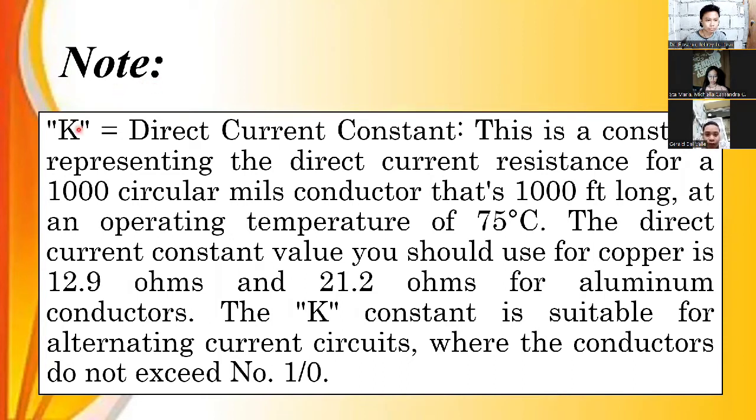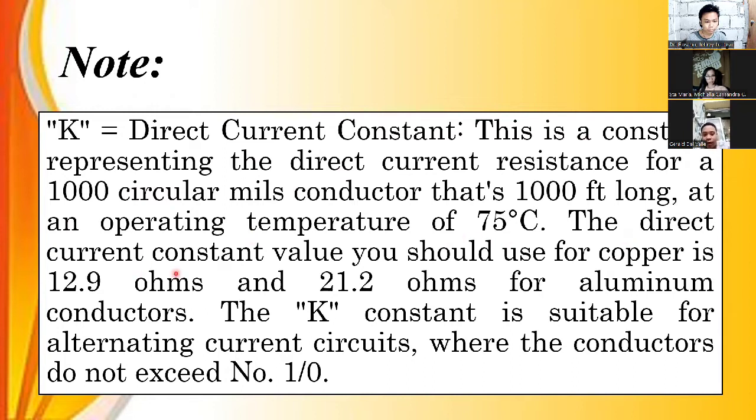So the note is K equals the direct current constant. This is the constant representing the direct current resistance for a 1,000 circular mils conductor that is 1,000 feet long at an operating temperature of 75 degrees Celsius.